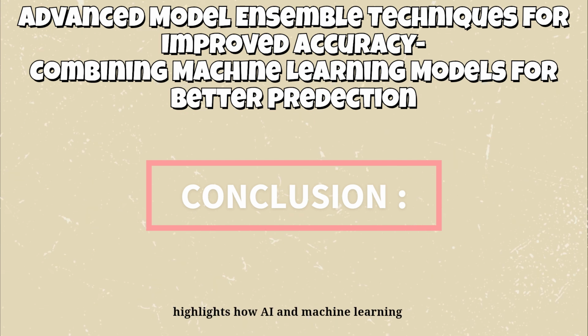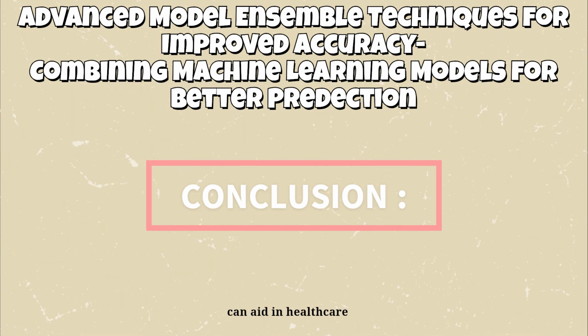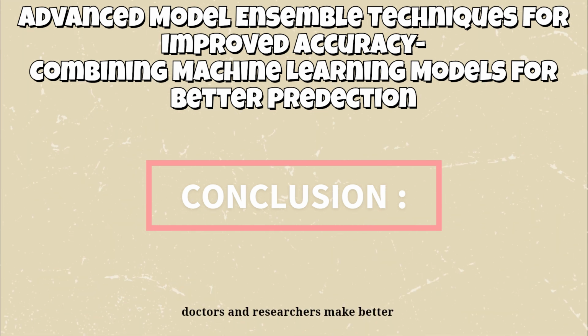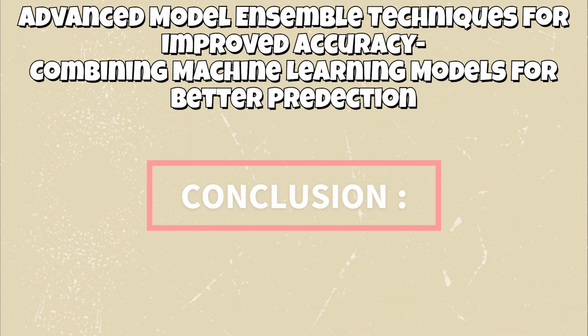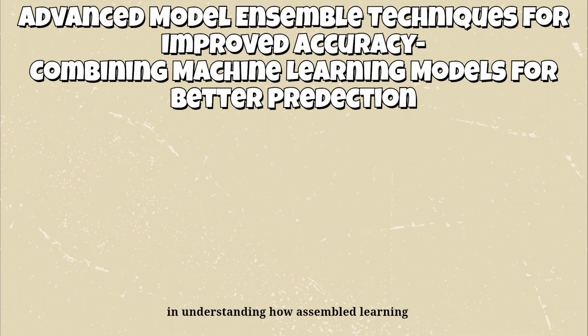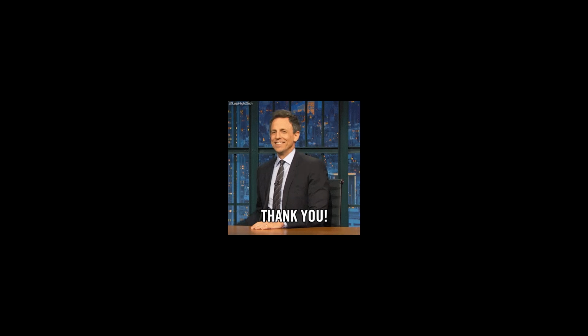The project highlights how AI and machine learning can aid in healthcare diagnostics, helping doctors and researchers make better informed decisions. I hope you found this video helpful in understanding how ensemble learning improves prediction accuracy. Thank you.